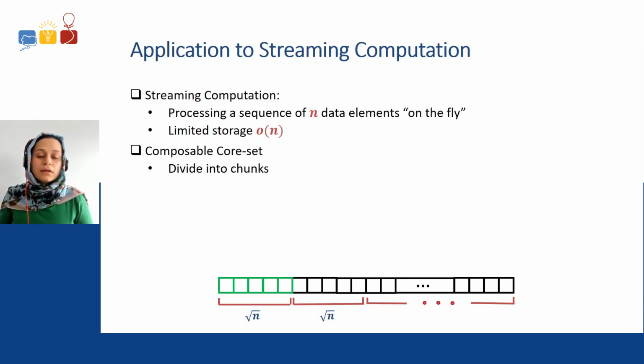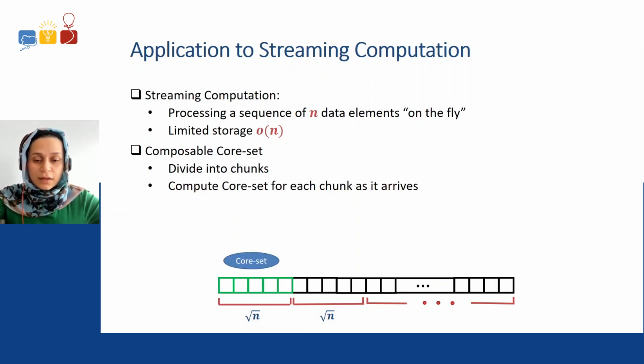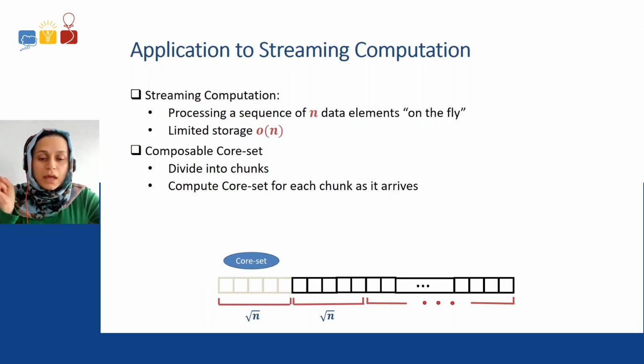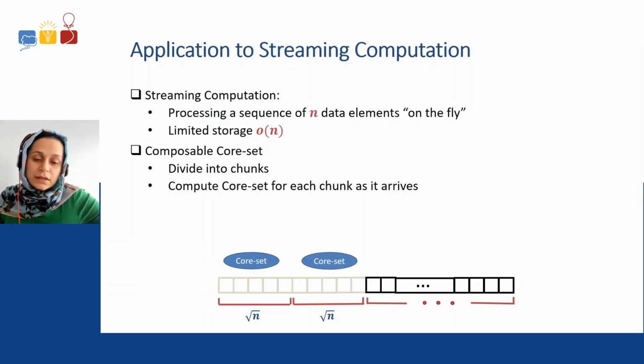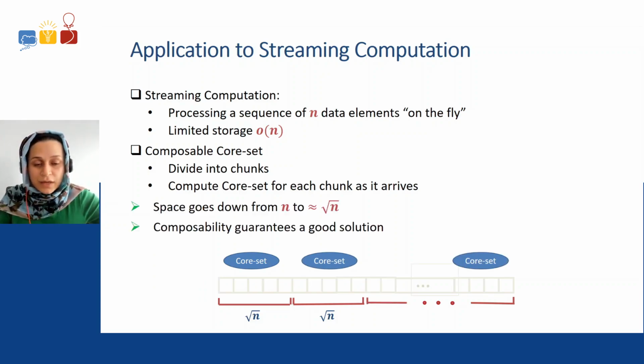Then it computes a composable coreset for the first chunk, discards the elements in the first chunk, and only keeps the coreset. Then it continues to the second chunk. It stores all the elements in the second chunk in main memory until it receives all of it, then computes a coreset for that and discards the elements. It repeats this process until the end, and it only keeps the coresets.